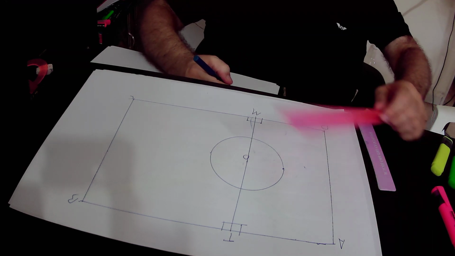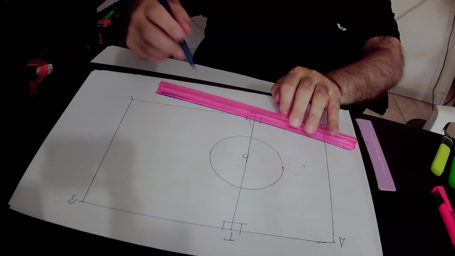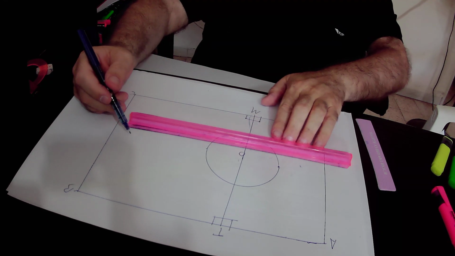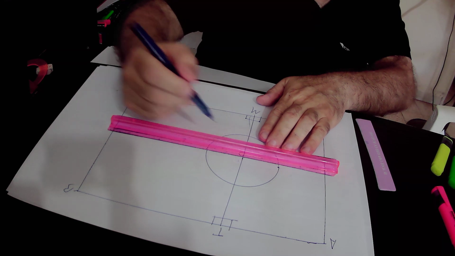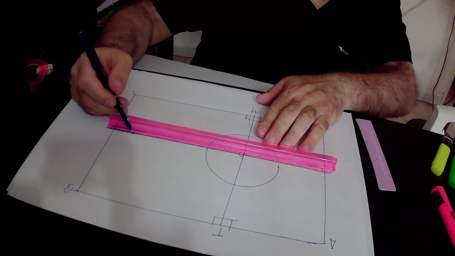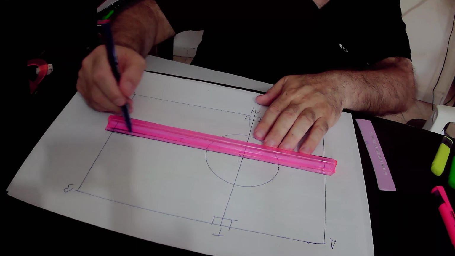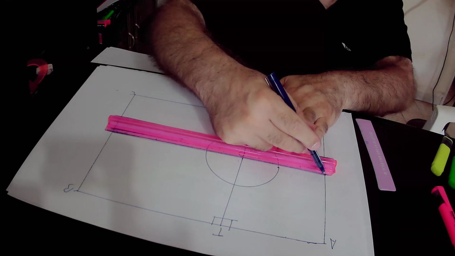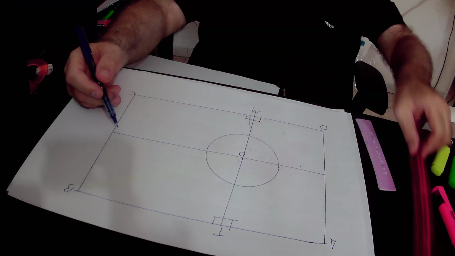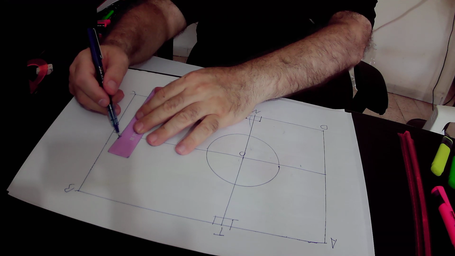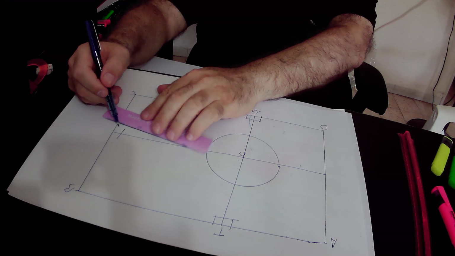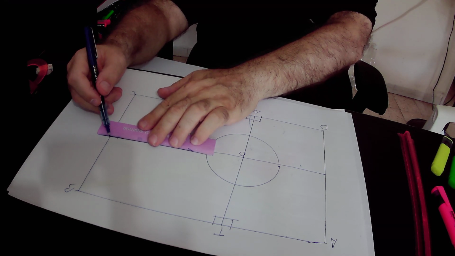In the next step, from point O, we go perpendicular on BC. So this angle equals 90 degrees, and this angle also equals 90 degrees according to our construction.